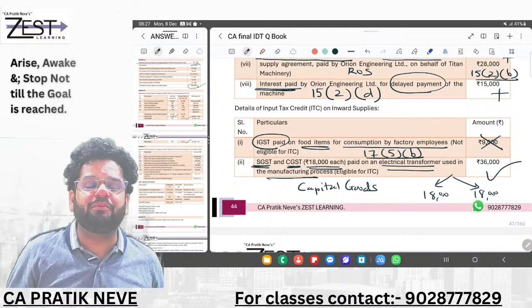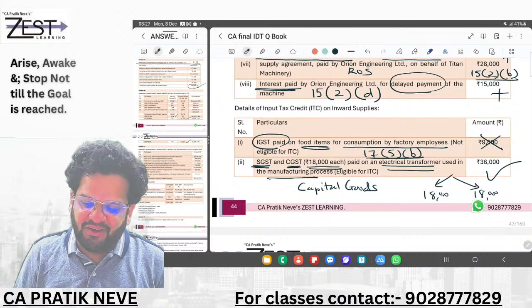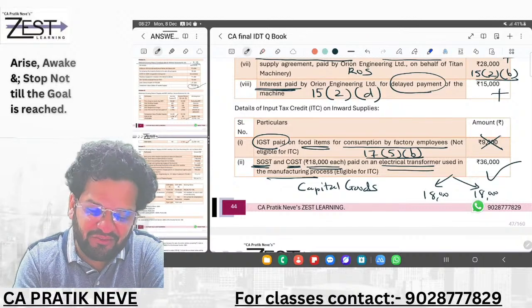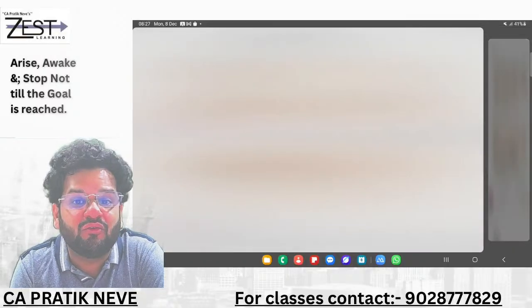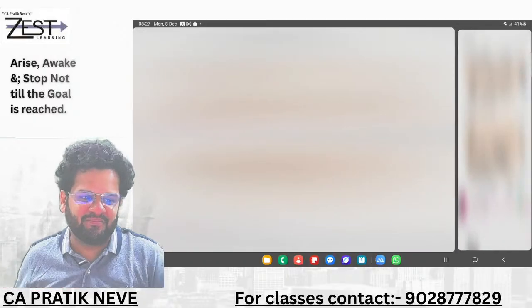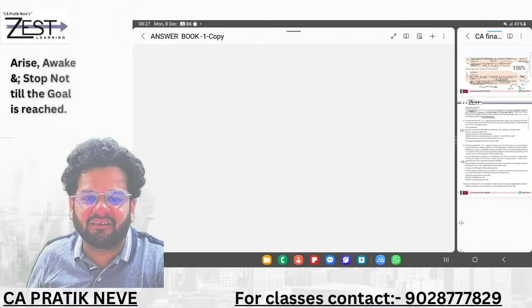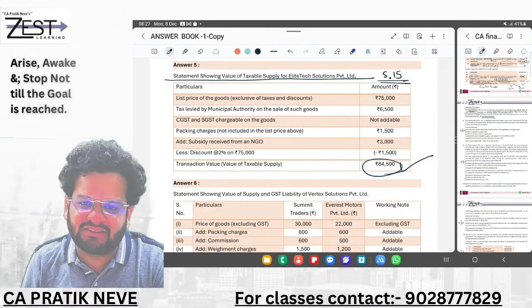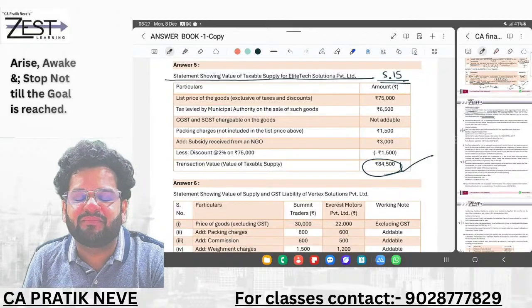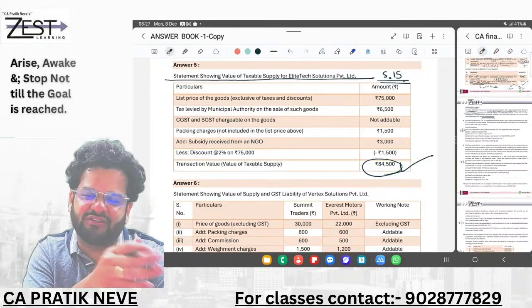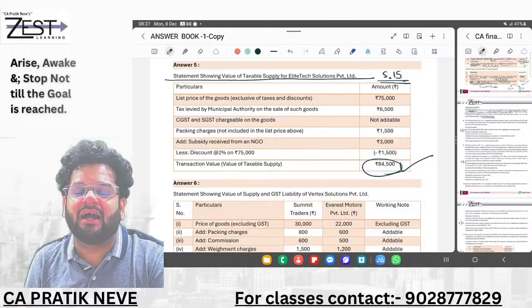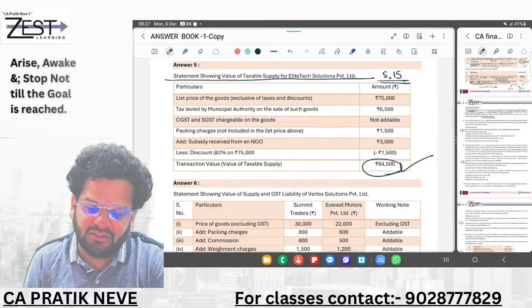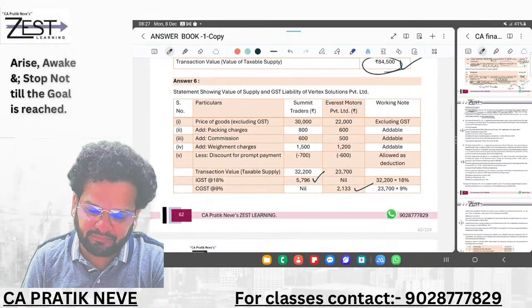There is no opening balance. Now let's go ahead. First, let's calculate the value of supply, then on that calculate CGST and SGST output tax, and then subtract 18,000 each of CGST and SGST ITC, and then we will get net GST payable.